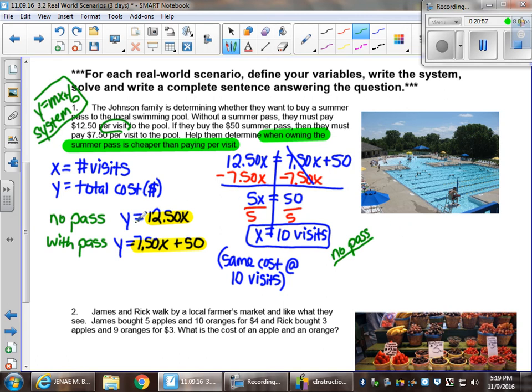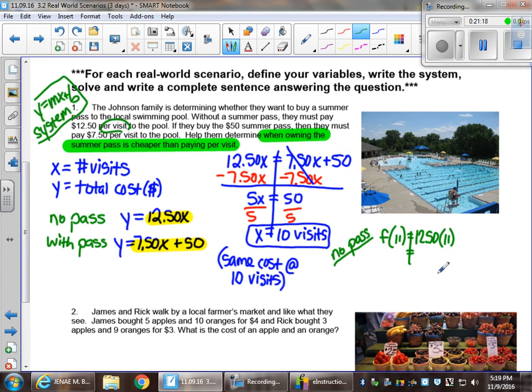Well, my equation for not having a pass is y equals 12.50x. So that would be y equals 12.50, or let's use our function notation, f of 11. So f of 11 equals 12.50 times 11.